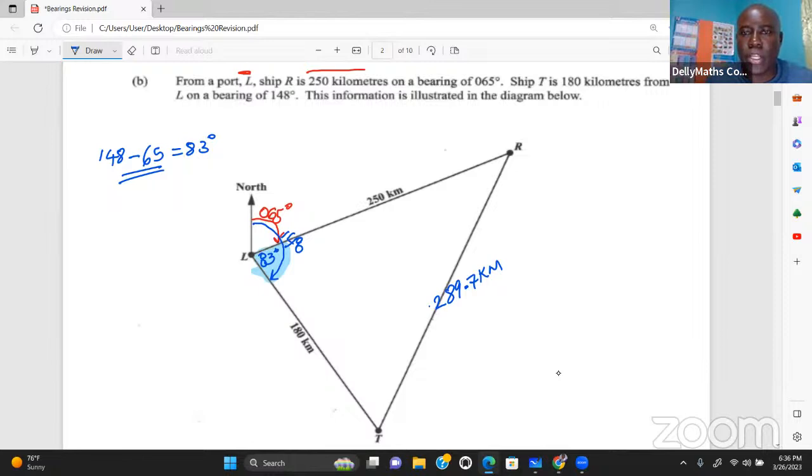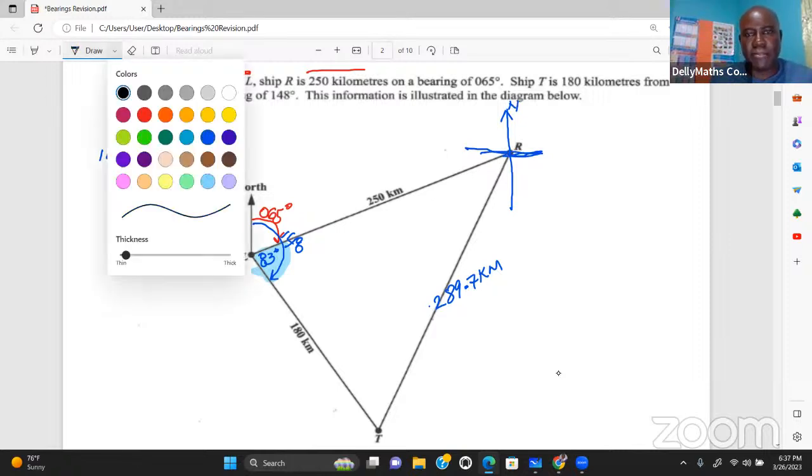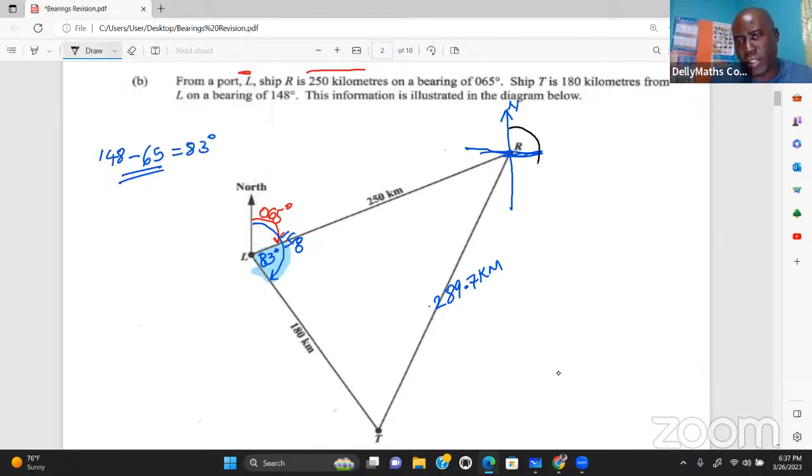So at R, what you want to do is draw up your north line, just to give yourself some direction. So the bearing of T from R will be all of this. From the north at R, you want a clockwise motion until it touches the line that leads to T. So this is what we want to find.